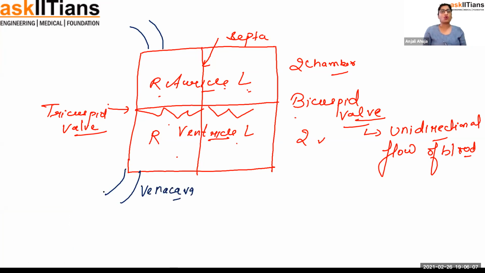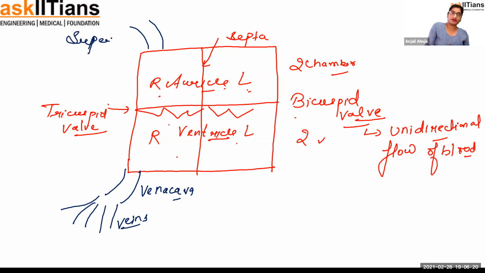There are so many veins present in the body, and these veins together form the vena cava. A group of veins is vena cava. So this is a superior vena cava, and this is an inferior vena cava. Are you getting my point?